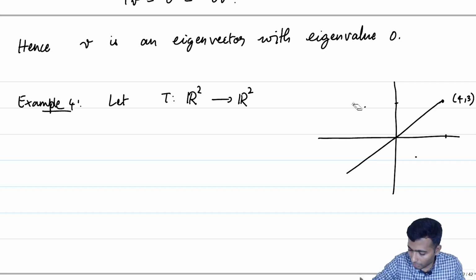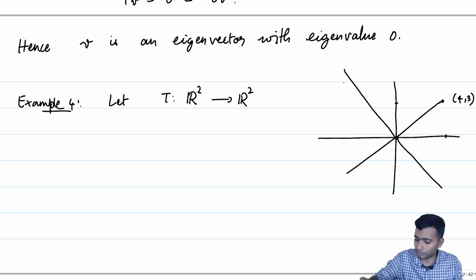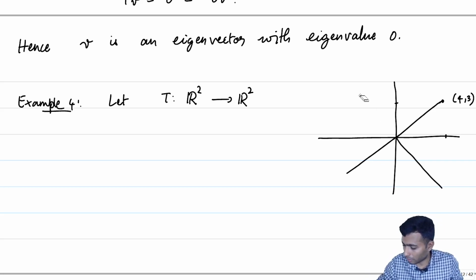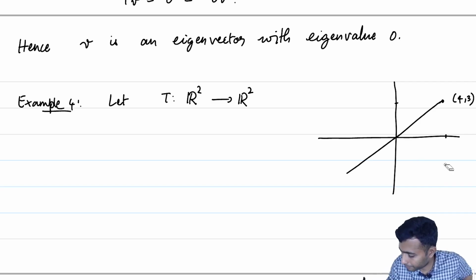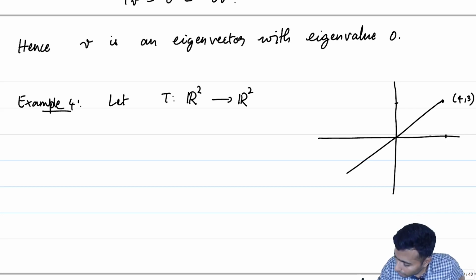So, in particular let us look at this line. So, I should not draw it like this. So, (4, 3), and (3, -4) would be a perpendicular. So, this will come like this.